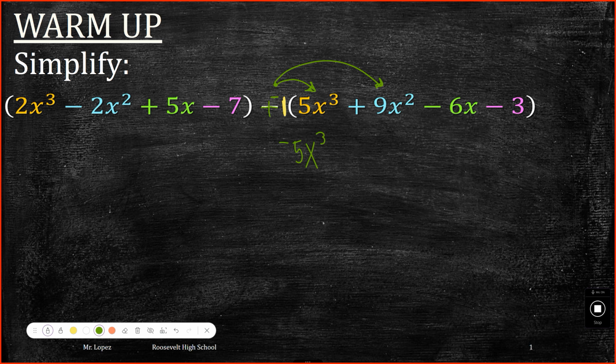Basically, if it's a 1 here, all it does is change this plus to a minus, that minus to a plus, that minus to a plus. Really turns it the other way. So when it's just a 1 here, it's a minus 9x squared plus 6x plus 3. Distribute a 1 here, does nothing. So just bring it down.